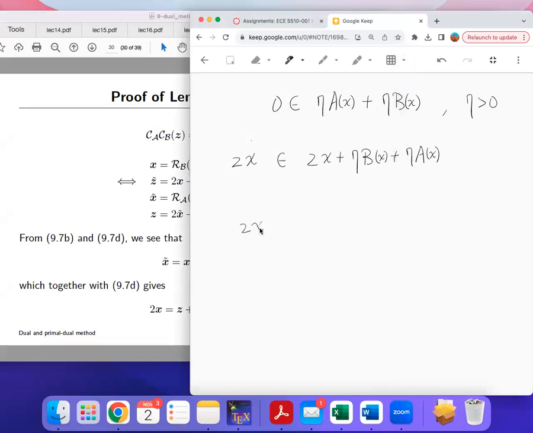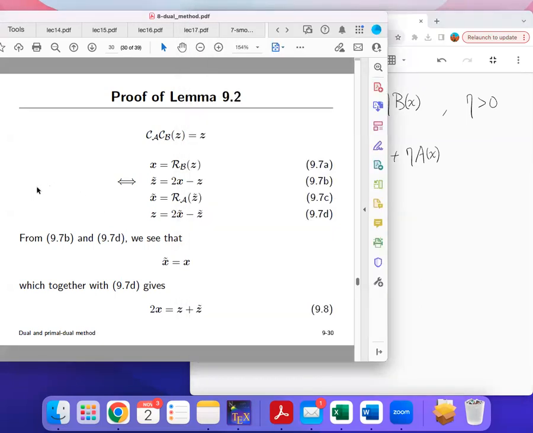So 2x belongs to z plus z tilde. Up to now we have z and z tilde.